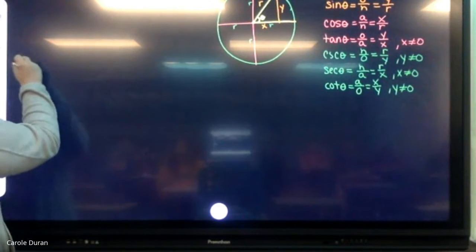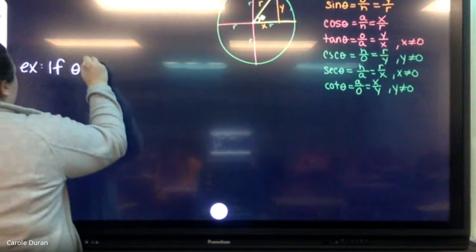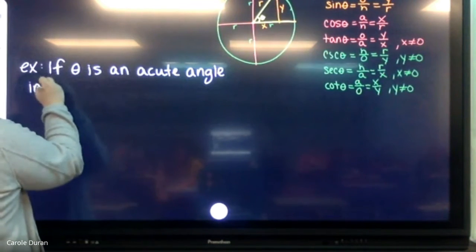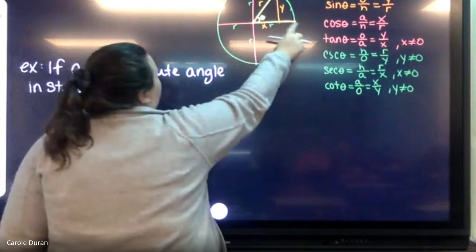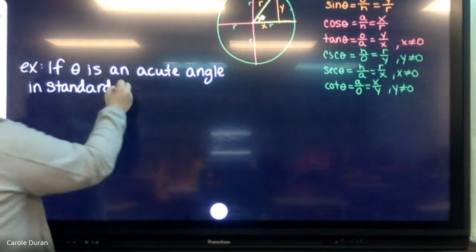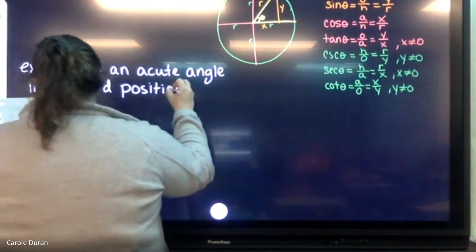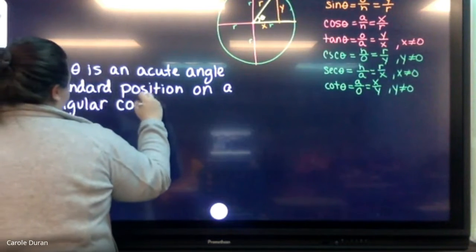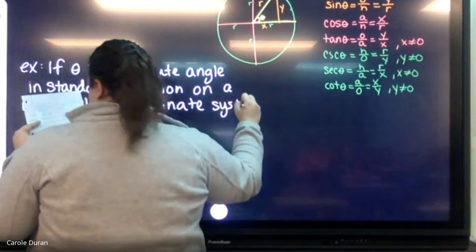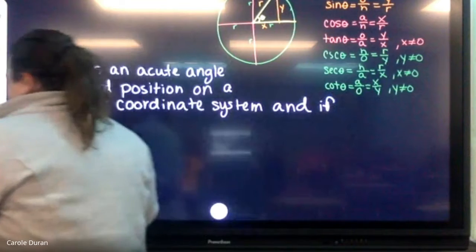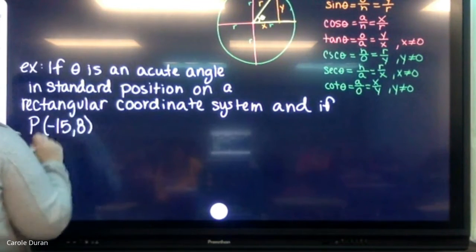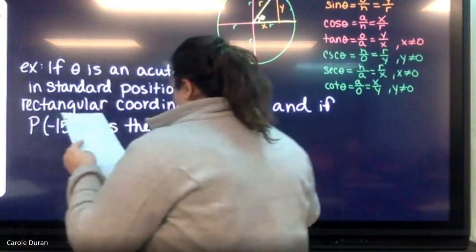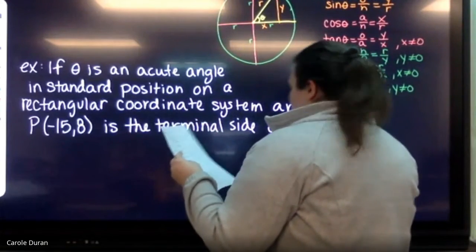The example says if theta is an acute angle in standard position, so my fixed side is on that x-axis to the right, and my terminal side is what moved, on a rectangular coordinate system, and if the point I have is negative 15, 8, find the values of my trig functions.